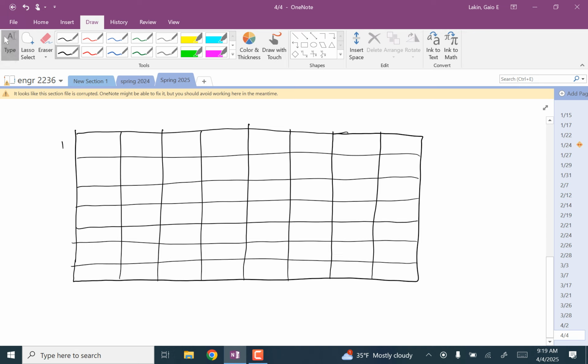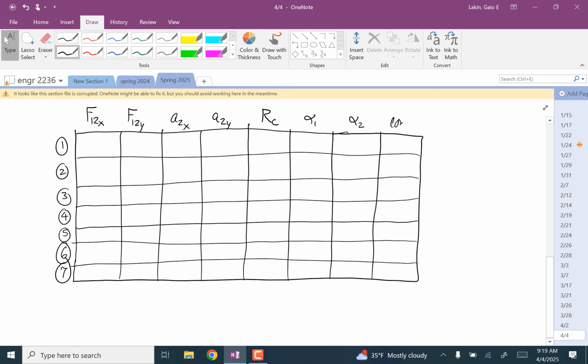The rows are the equations. And the columns, you have to choose an order for the variables. I'll go F12X, F12Y, A2X, A2Y, RC, alpha 1, alpha 2, and then the last one is the constants.